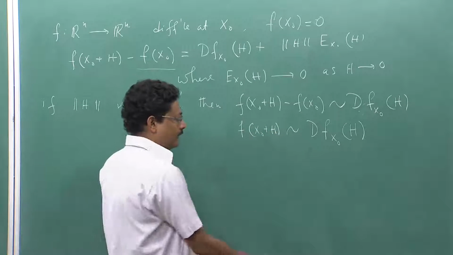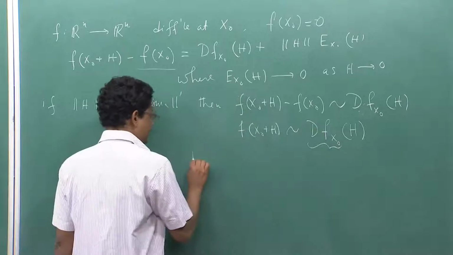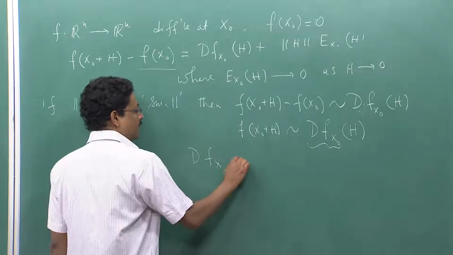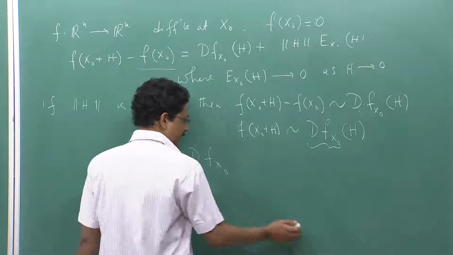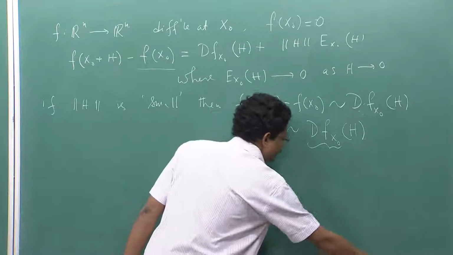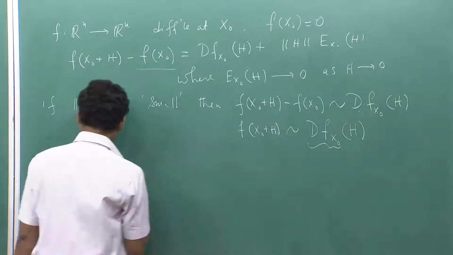Now, suppose this d f of x naught is invertible. The matrix of d f of x naught we usually call the Jacobian.